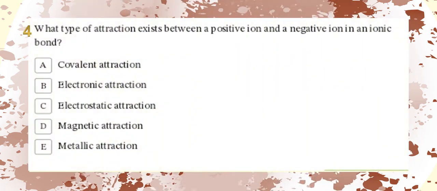Question number 4 says: what type of attraction exists between the positive ion and the negative ion in an ionic bond? We have a kind of attraction due to losing and gaining electrons. We call it electrostatic attraction, due to electron transfer.